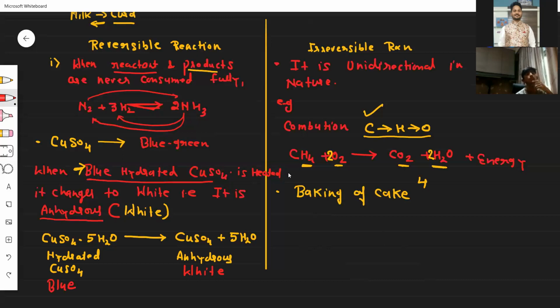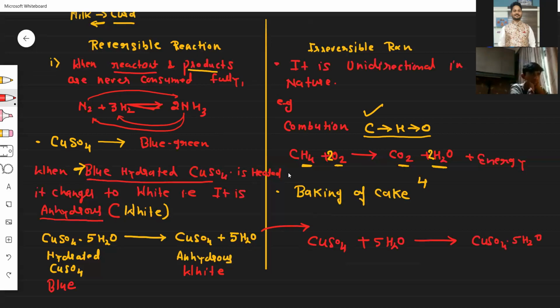If I go reverse, I start from the product side, CuSO4, and add 5H2O. It is going to give you the reactant, that is CuSO4·5H2O.